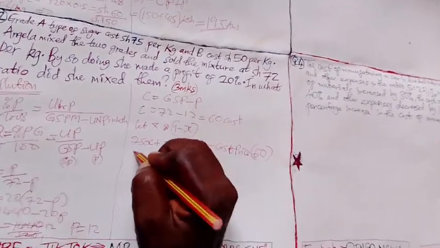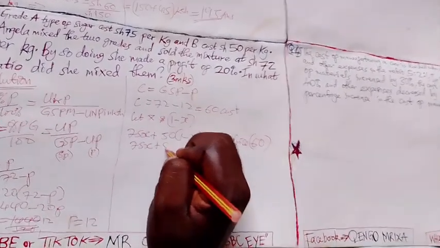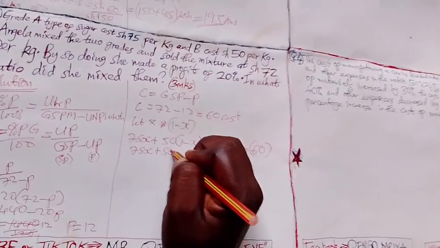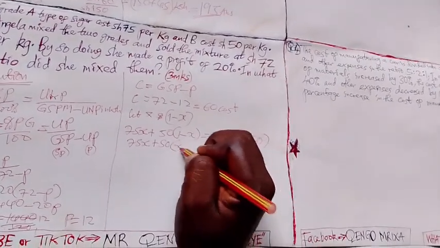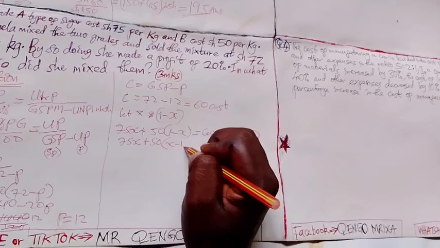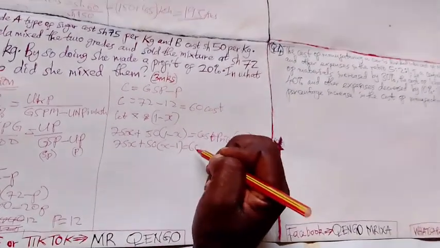Then we say 75x plus 50 into brackets 1 minus x is equal to 60.